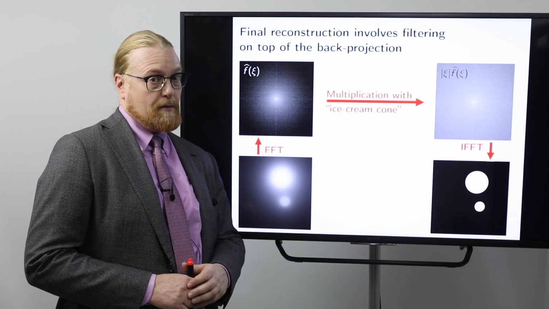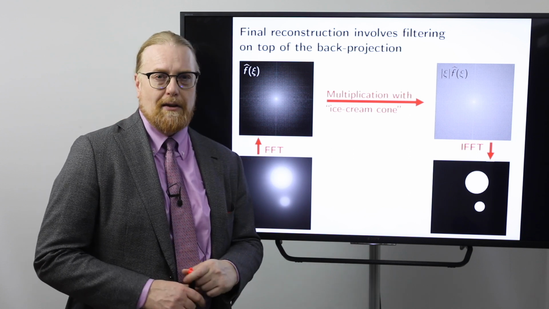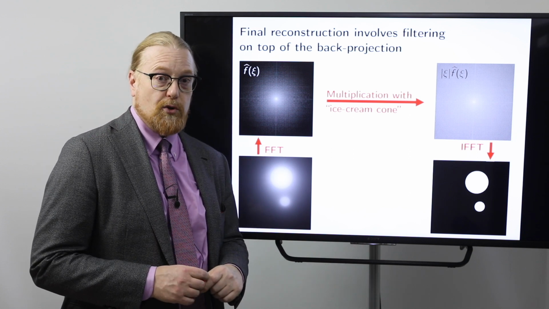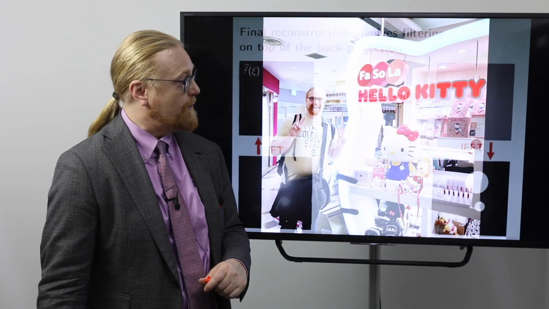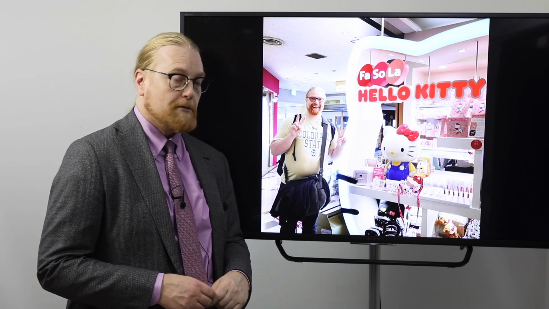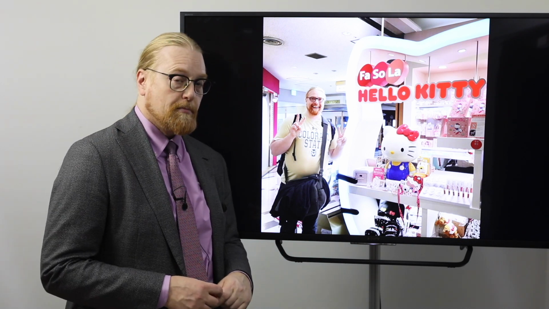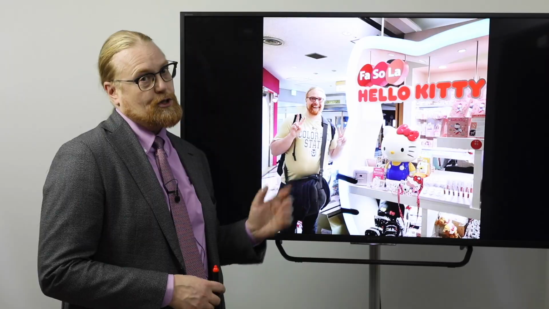Now, this filter may be a bit hard to visualize, so let me show what happens when we apply it to a photograph. This is me in the Tokyo airport in Narita, my favorite shop, the Hello Kitty shop. And now if we apply the same filter to this image, we get this.